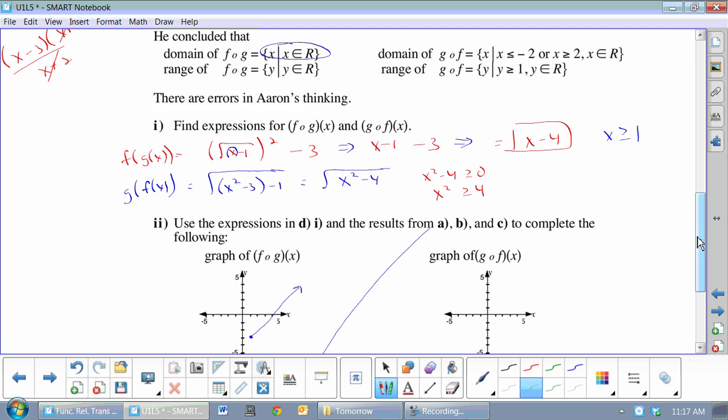So do we all agree that x has to be greater or equal to 2? That makes sense. Now here's the kicker. X also, we said negative 2 works. What is the next number that works? Does negative 1 work? Negative 3, negative 4. So do we agree that x has to be less than or equal to negative 2?